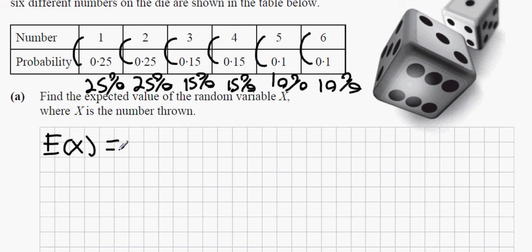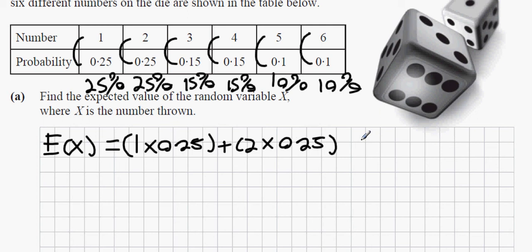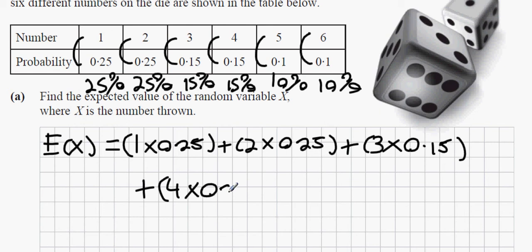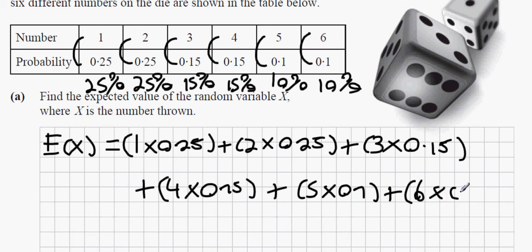So the method for doing this is multiply the number by 0.25, plus 2 times 0.25, plus 3 times 0.15, plus 4 times 0.15, plus 5 times 0.1, plus 6 times 0.1. Okay, and what you just want to do is put that into the calculator and see what comes out.